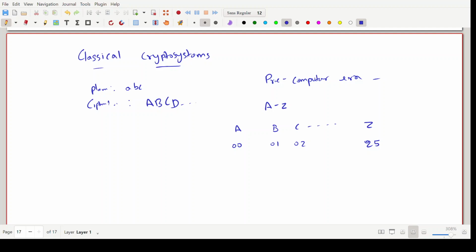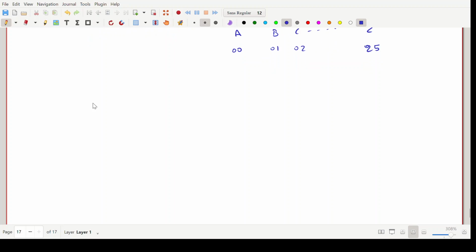Yeah, so let us start one by one. The first thing we'll be looking at is block cipher.